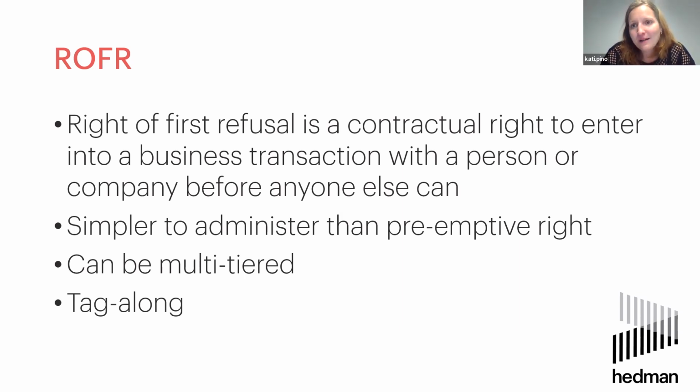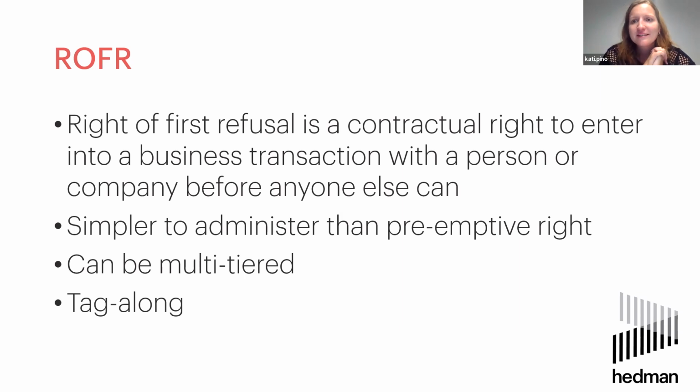It is simpler to administer than the preemptive right because the right is prior to actually making the sales transaction. So there is no problem of getting the shares back because I am still holding the shares at the point that I'm going to you saying, hey guys, do you want to buy the shares? The right of first refusal in case of onboarding investors can be multi-tiered.